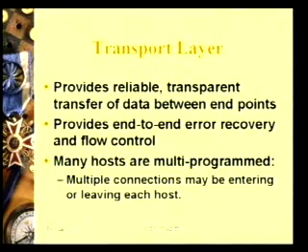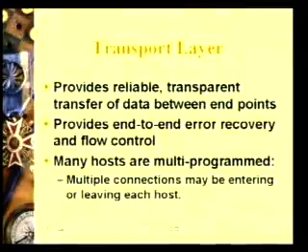The next layer, the fourth layer, is the transport layer, which provides reliable, transparent transfer of data between endpoints. All the previous three layers were concerned not with the source and destination, but with intermediate sources and intermediate destinations.